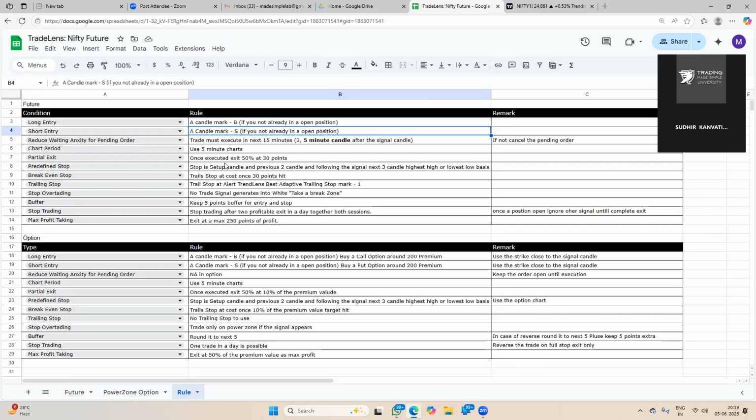Obviously, it will be a stop loss limit order, right? It will be a stop loss limit order. Where exactly, and is there any buffer? Whenever the buffer question comes, you can see there is a condition called buffer. It says keep a 5-point buffer for entry and stop, right?